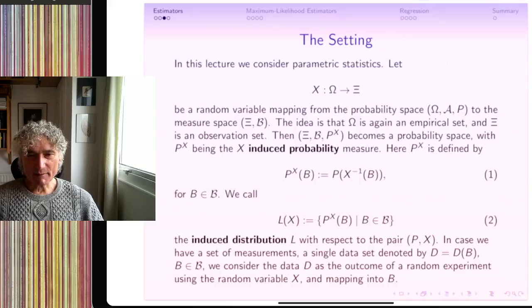Then X is mapping into something we call capital Xi, and this will contain the numerical values of the observation which you are doing. So in a sense, the random variable X is there in order to translate phenomena which occur in omega into something you can measure in Xi.